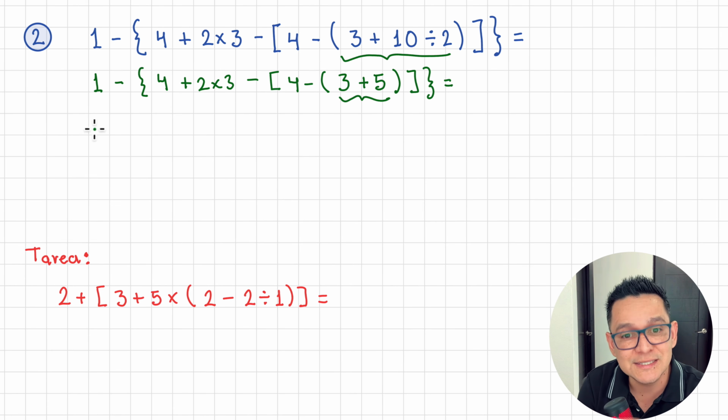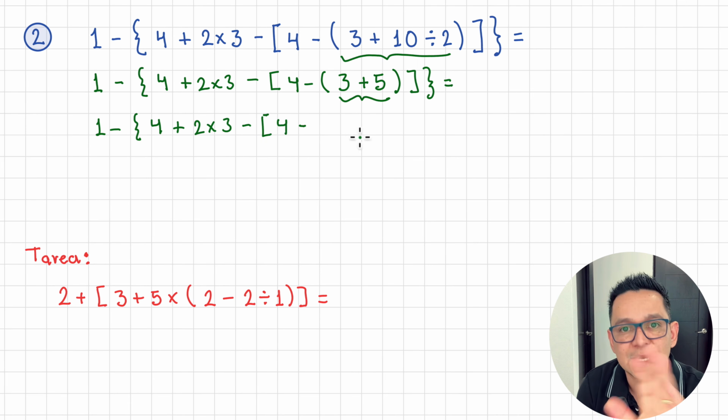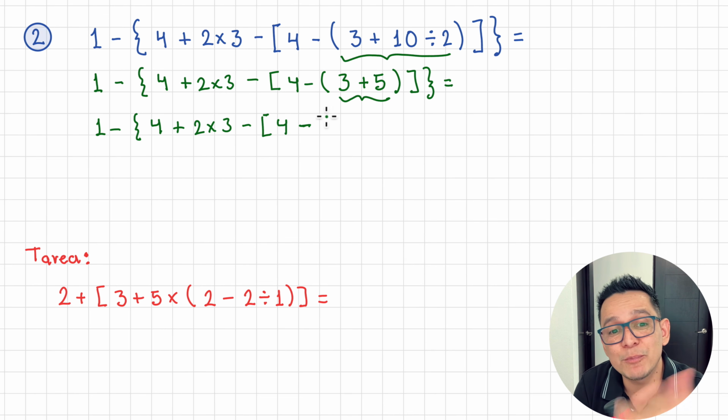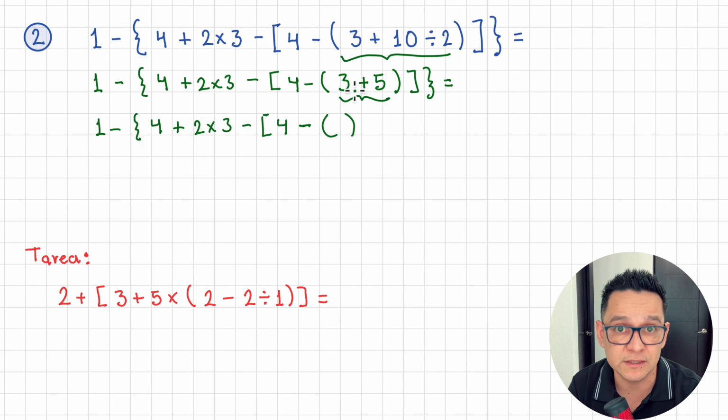Very good. So once again, we're going to copy everything, and we're only going to solve what's inside the parenthesis, just like we agreed. It has to be 8. So look, I'm writing down everything else for now. And this is where we are. I'll stop here. Notice that I already copied the minus sign. Now I would have to put a parenthesis and inside the parenthesis put 8, which is the result of 3 plus 5.